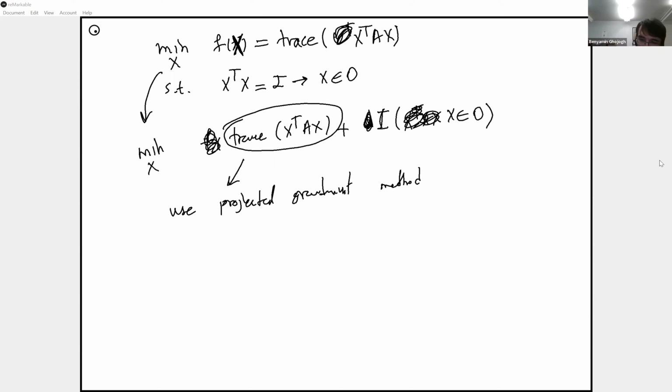Then go to the next iteration, again do one step of gradient descent, then project it again. Now I think you know how to solve it, right? Any question?